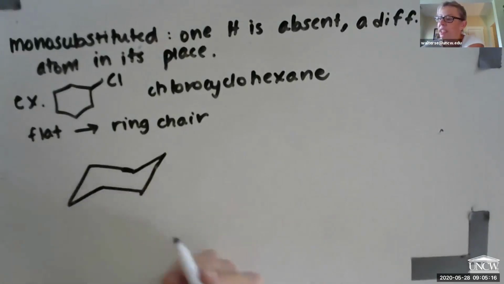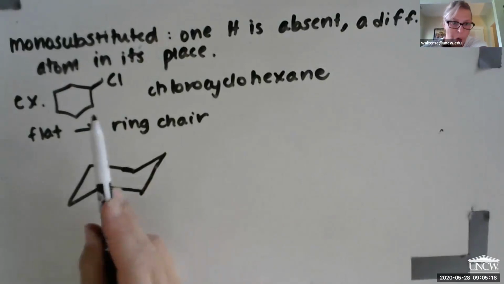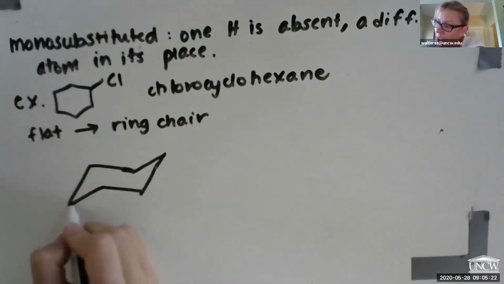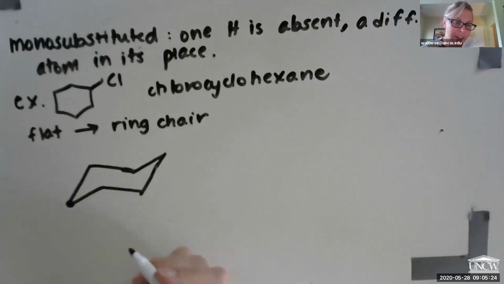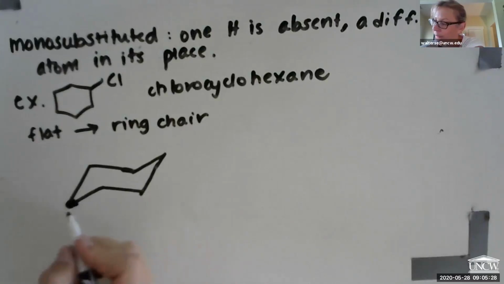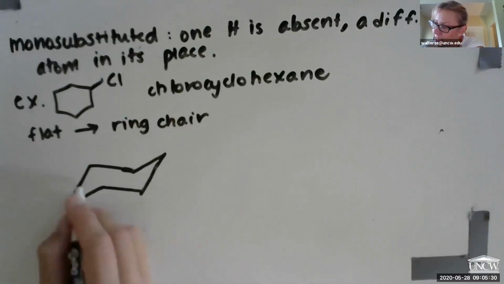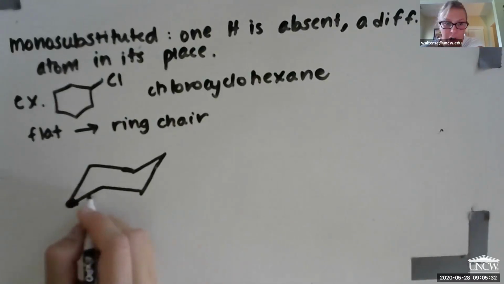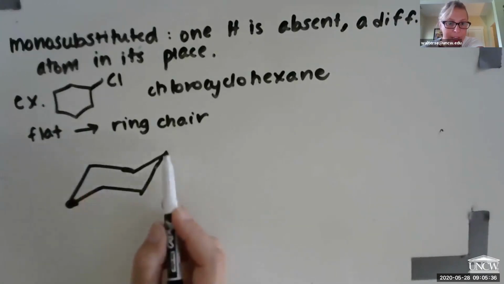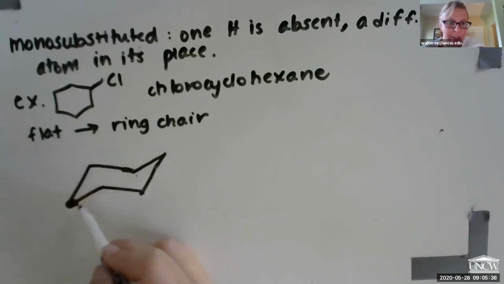Now you can put this chlorine wherever you want. Okay. I typically start with that carbon down here, but you can pick whatever. Okay. So because this is a down carbon, this is like a peak of a mountain, peak of a mountain, peak of a mountain, and then these three are the valleys.